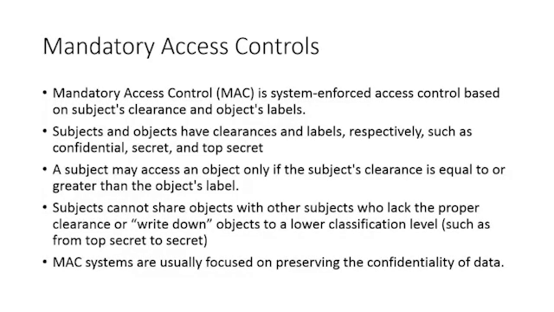So a subject may access an object only if the subject's clearance is equal to or greater than that of the object's label. So if it's labeled secret, anybody with a secret clearance is good. Anybody with a top secret clearance is good because they're up here. Now, subjects, however, let me clarify this a little bit.